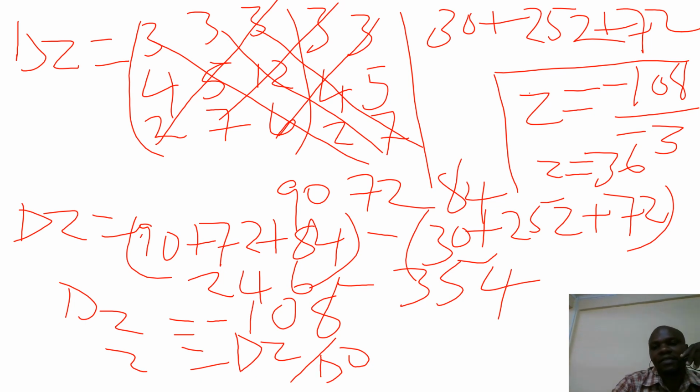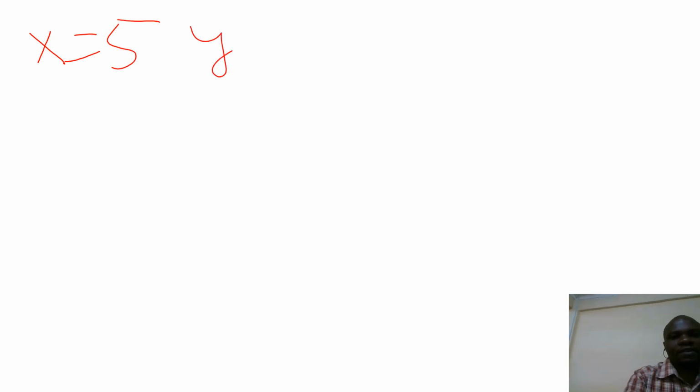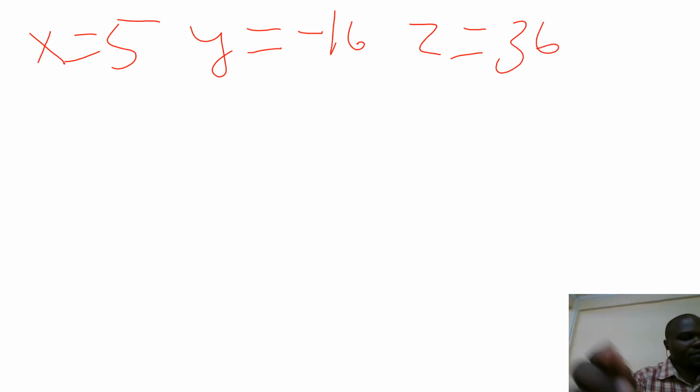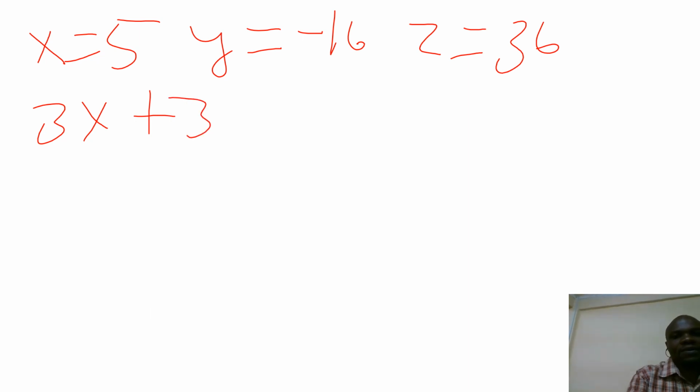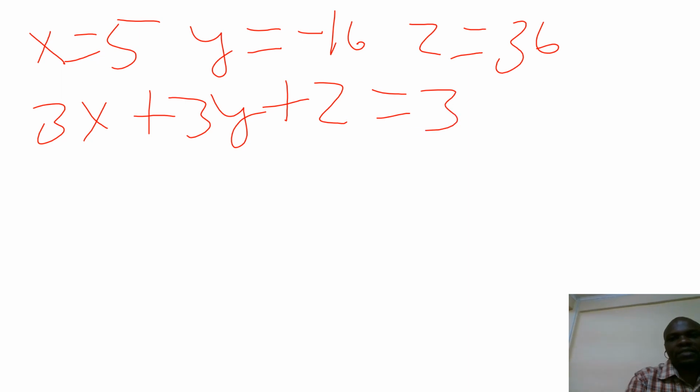So in that perspective, we can say that the value of x was equivalent to 5, the value of y was equivalent to negative 16, and the value of z is equivalent to 36. So if we take our first equation where we had 3x plus 3y plus z is equals to 3, let us substitute.